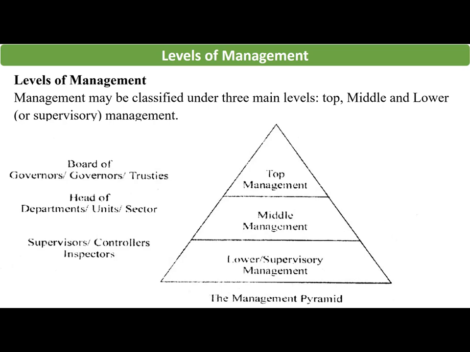In top management it includes the board of governors and trustees; in middle management, heads of departments, units, and sectors; and in lower or supervisory management, supervisors, controllers, and inspectors. So this is the pyramid of three levels of management.